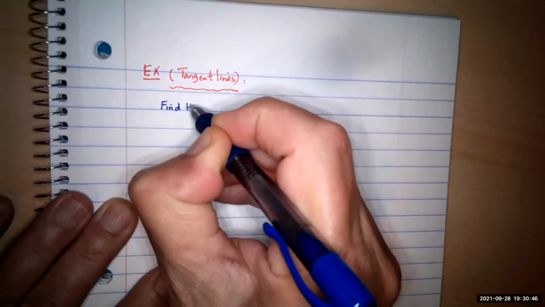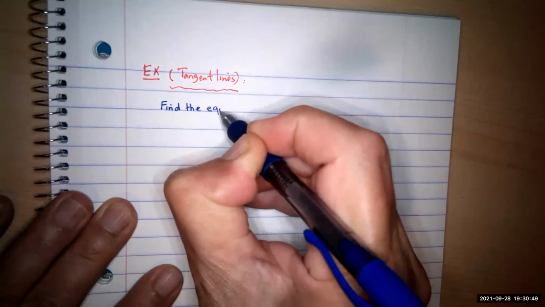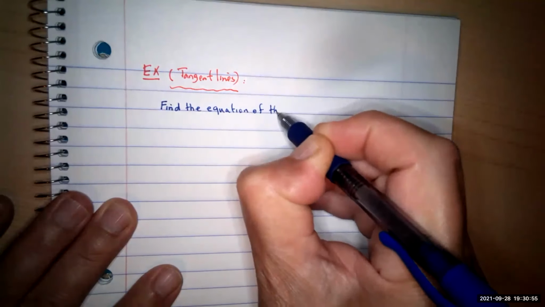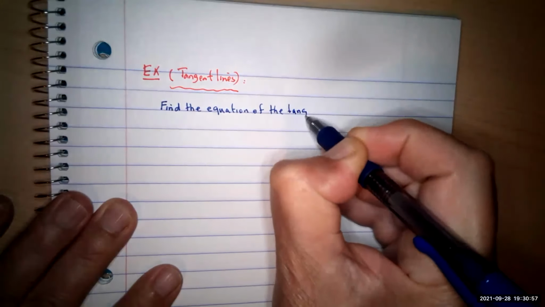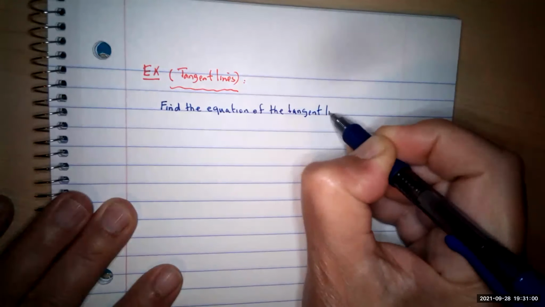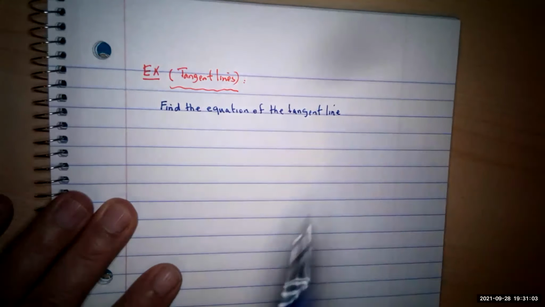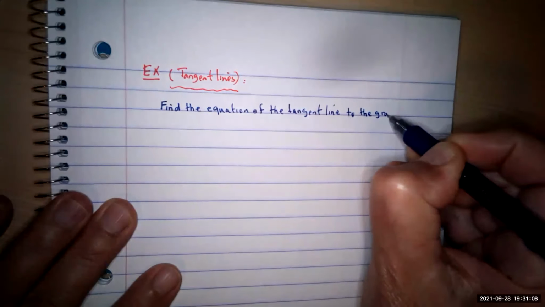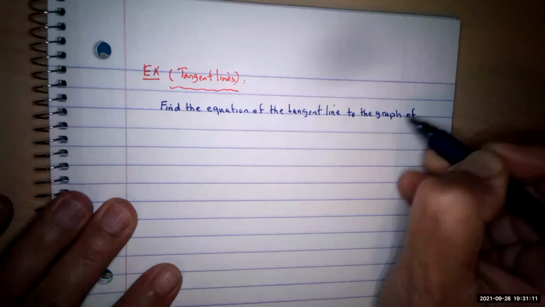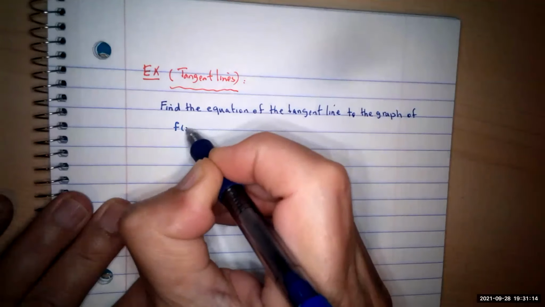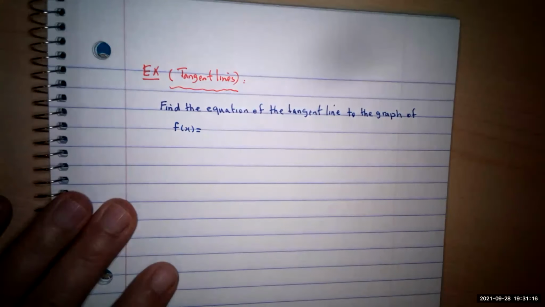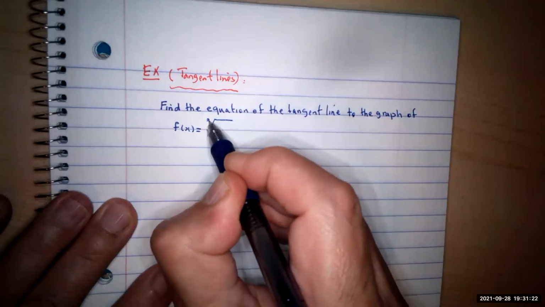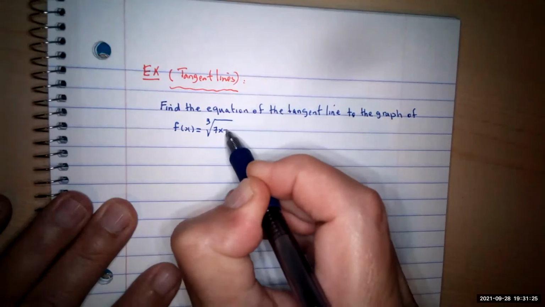Find the equation of the tangent line. Tangent line to what? To the graph of this function, f of x equal to, let's have something like the cube root of 7x plus 1.